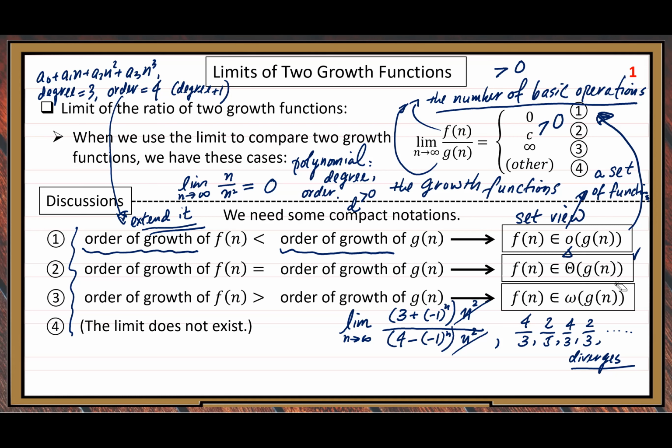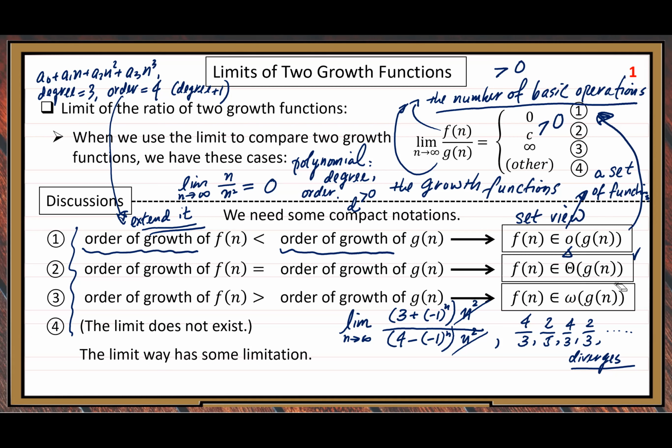Now, that's three of the asymptotic notations. We have a few more, which we will see later.